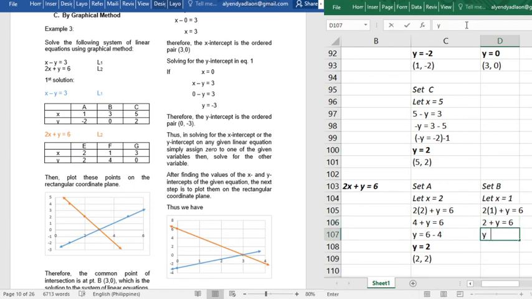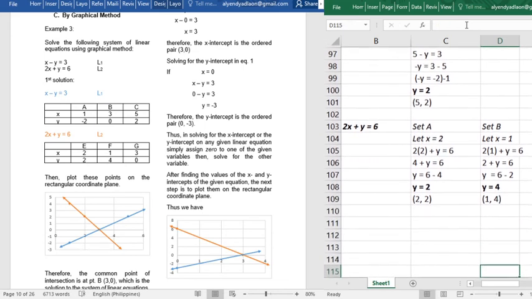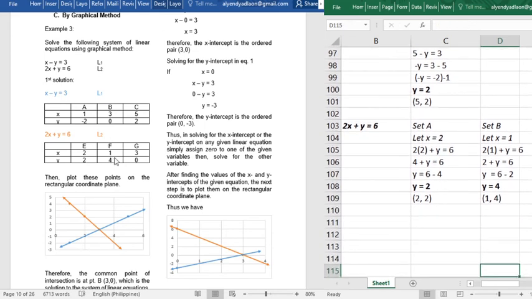Then y equals 6 minus 2, and then y equals 4. So for this ordered pair, we have x as 1 and y as 4. That is what you can see in the table.